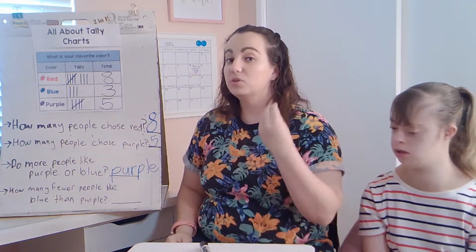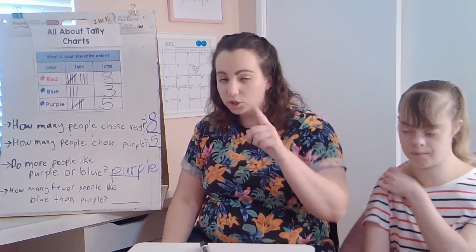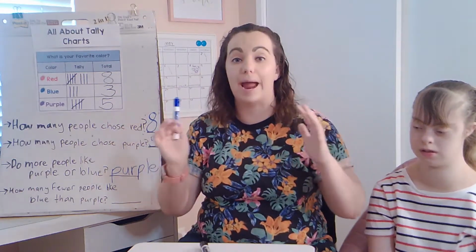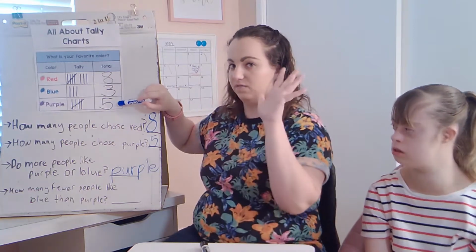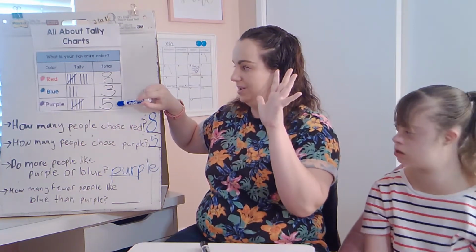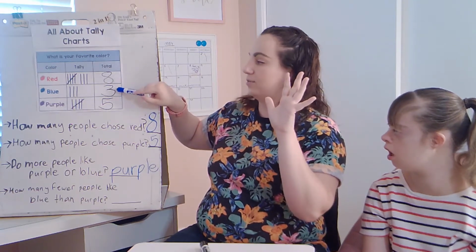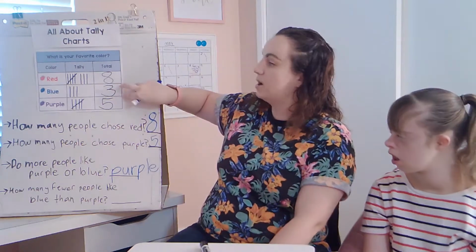When you're hearing the question, how many fewer people, I want you to think in your head, subtraction. You've got to do subtraction, because they want you to take the 5 people that said purple, and then take away the 3 people that said blue, to find the difference between the numbers.